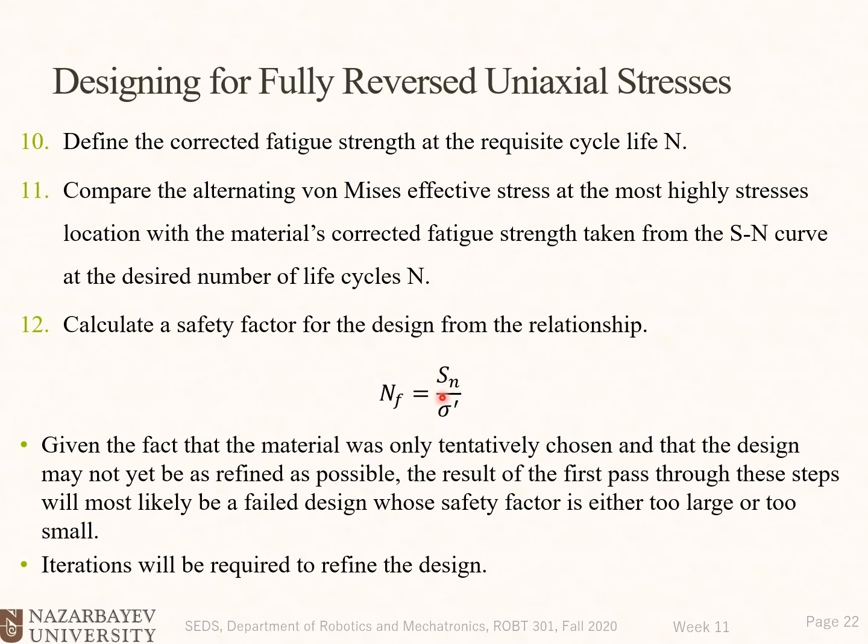What is this Sn? Sn is the fatigue strength at the N cycle, and sigma prime is the von Mises effective stress at the most highly stressed location.